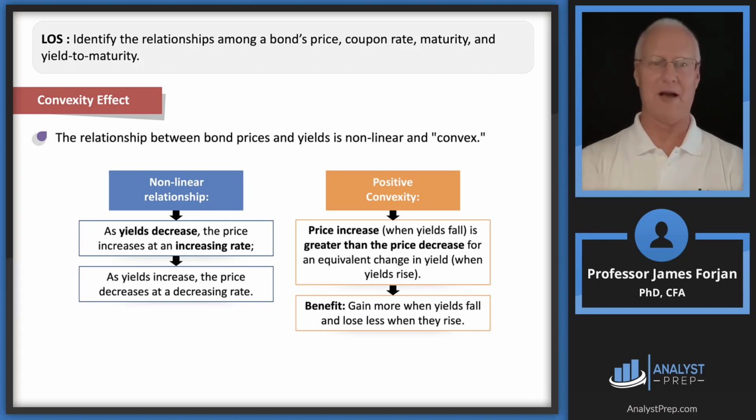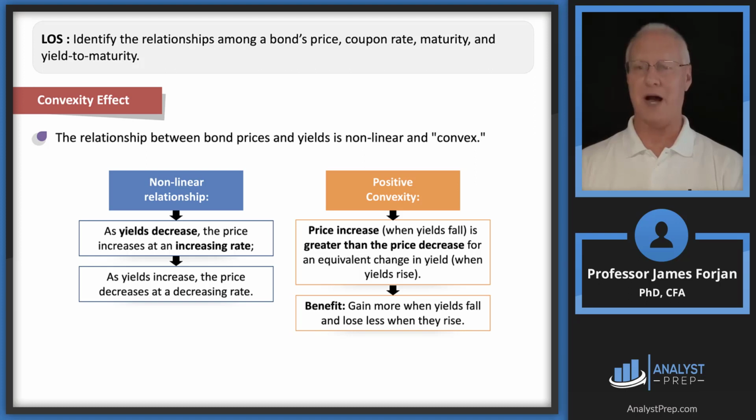Now, this is what I was saying about duration and convexity. Let's ignore duration, although I have a slide in a second that I'll show you. But what we know is that the relationship between bond prices and yields is not linear. In other words, it's not a line. It's a curve, and that curve is called the convexity of the bond.